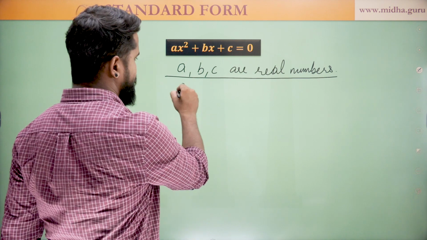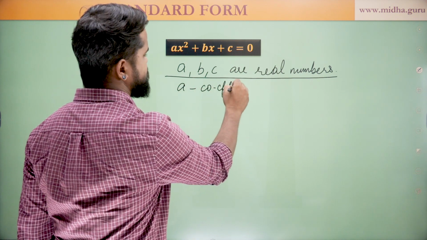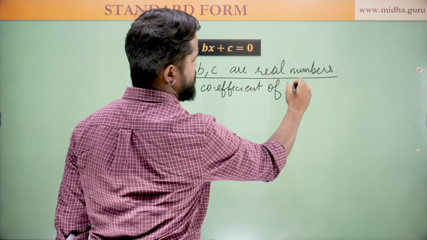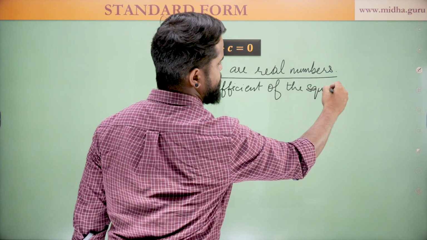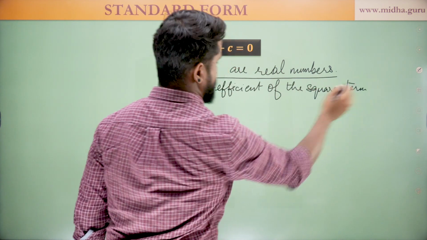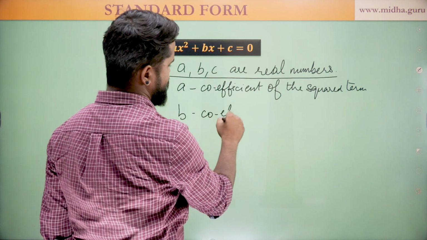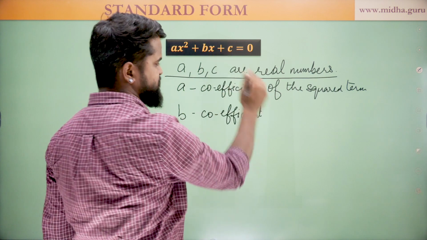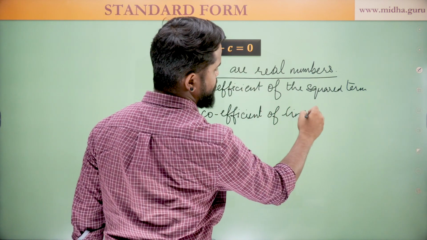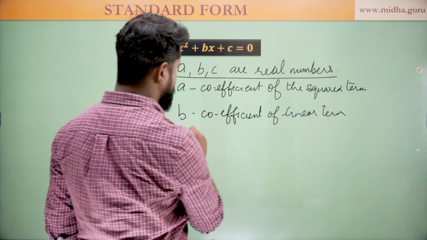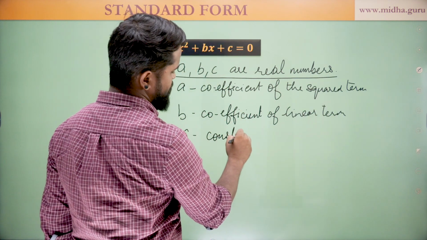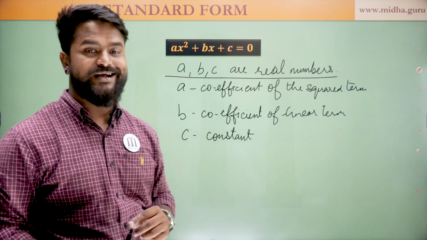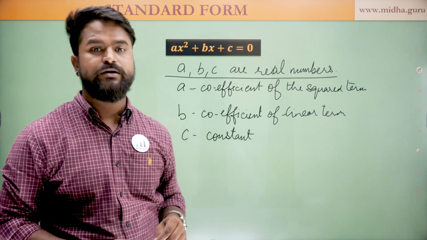So a is the coefficient of the second degree term, or the coefficient of the squared term. b is the coefficient of the linear term, where the power of x is 1, it's just x. And c is the constant of this equation.